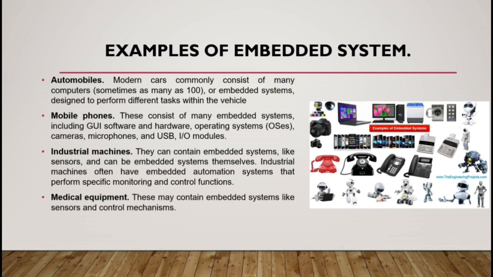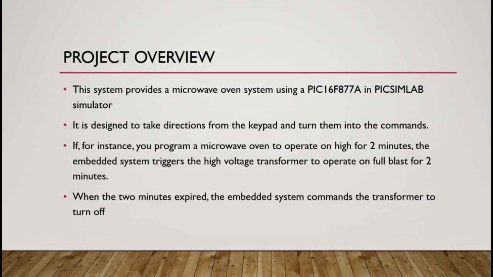Embedded systems are used in industrial machines in sensors. Industrial machines often use automation systems for specific monitoring and control functions. Then medical equipment. In medical equipment, sensors and control mechanisms, embedded systems are often used.